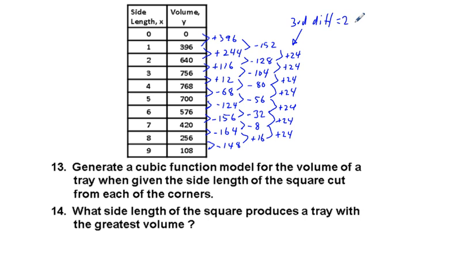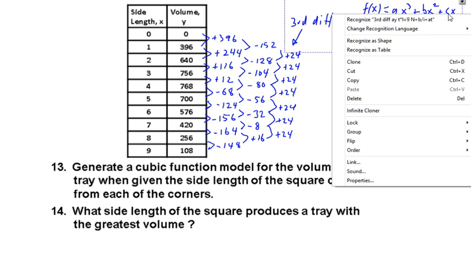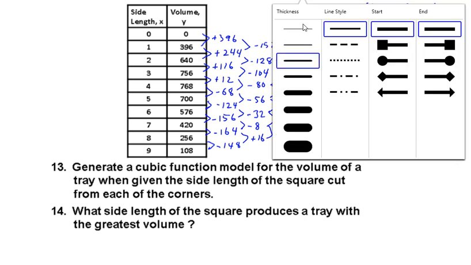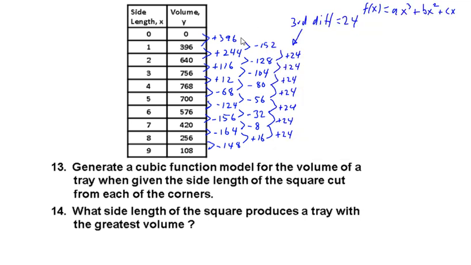So third difference is equal to 24. We're working with f of x equals ax cubed plus bx squared plus cx plus d. There we go. Get this thing back. Plus d. Not too terribly legible.